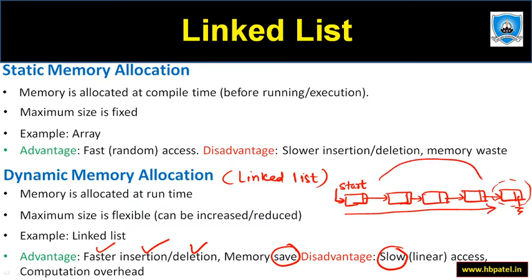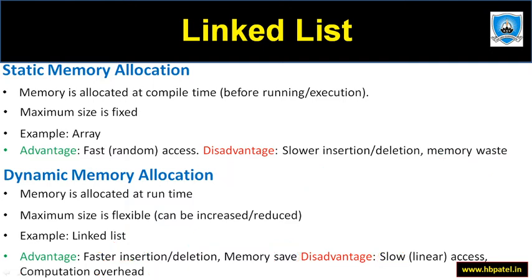You cannot directly jump here, it is not possible. So linear access is very slow, and it results in some computational overhead. You need to keep checking whether this is the last element, last element, last element. So there are a lot of ifs required in the program. This is the disadvantage of dynamic memory allocation.